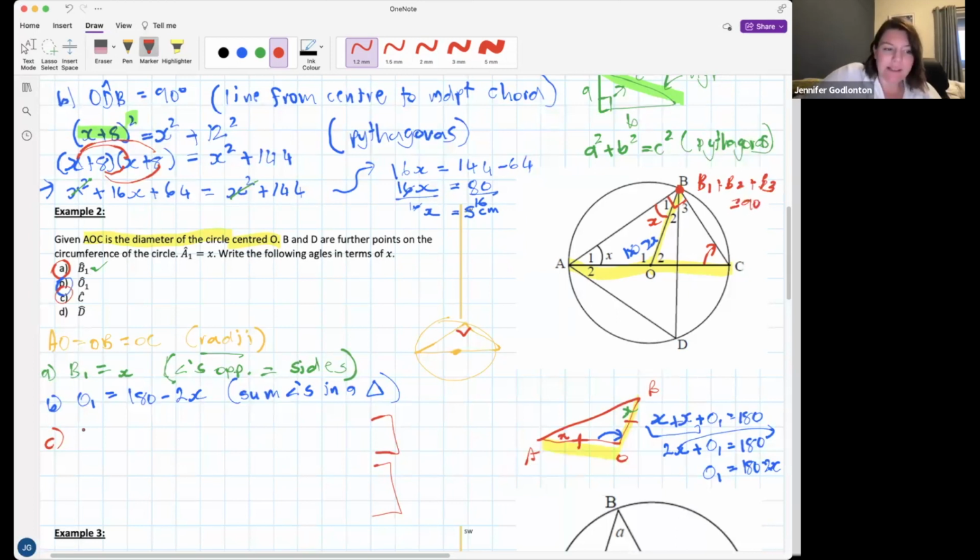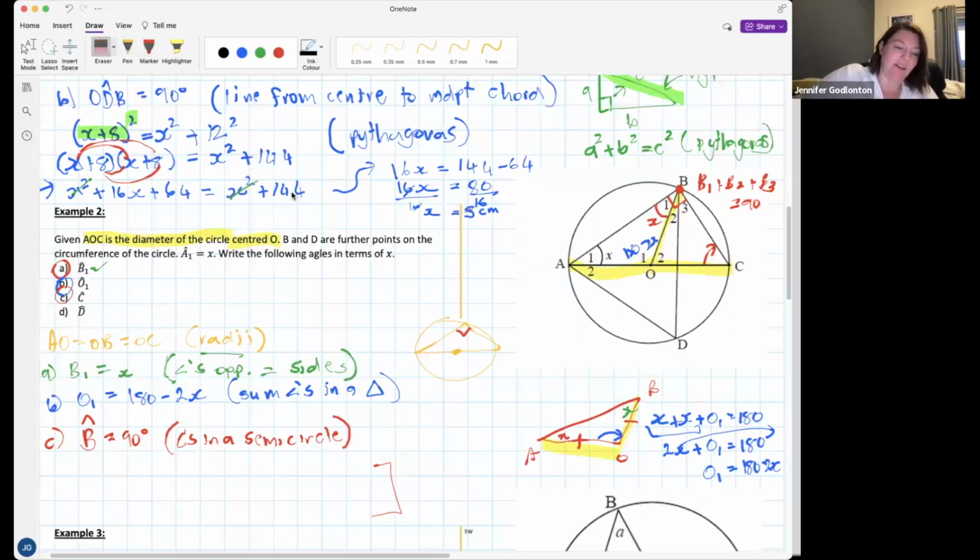So the whole of angle B is equal to 90 degrees. And now we have to give a reason for it. Our reason here is angles in a semicircle. Okay, cool. So we have done our first statement and our first reason.